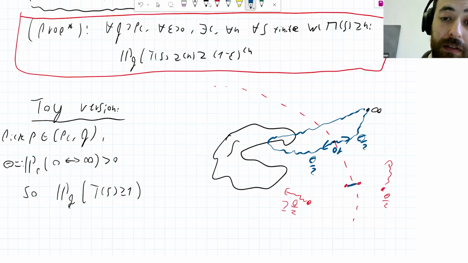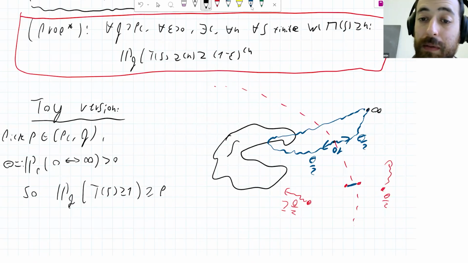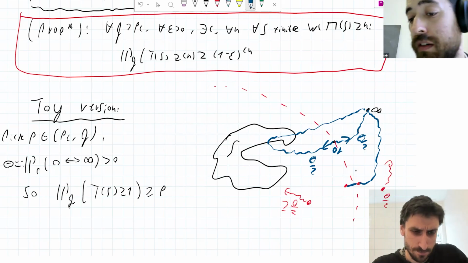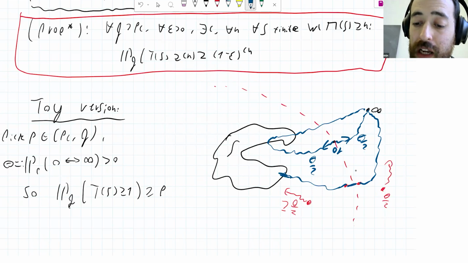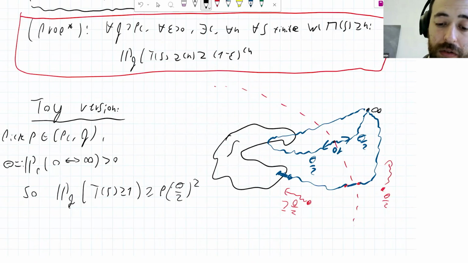This costs me P. And then I need to pay for this to reach infinity in the P percolation. Do you choose just any edge? Yeah, any edge, doesn't matter. Pick one. Assume they're ordered in some way. And this reaches here, and voila, I got a touch. So this times theta over 2 squared.